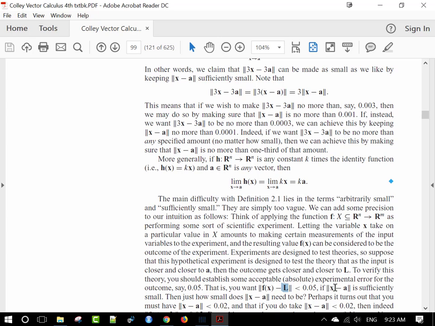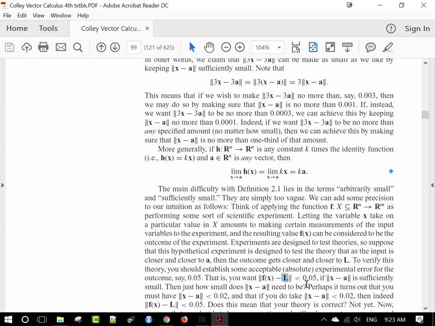So if you're allowed to make x as close to a as you want, can you then make sure that f is within this range of L? That's the way she's writing this.